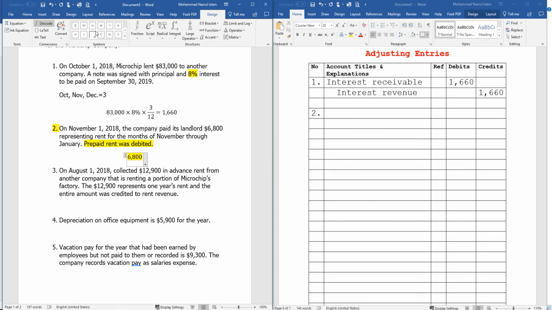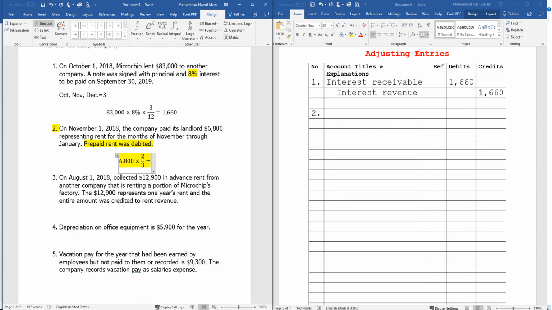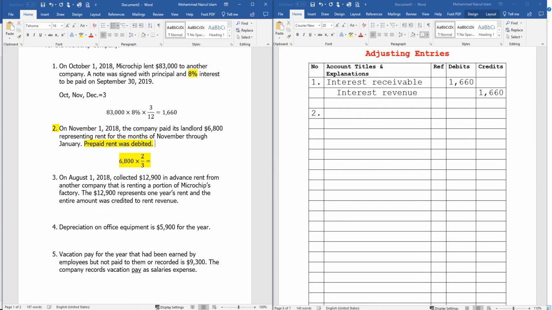Okay. So 6,800 multiplied by 2/3. 2/3 because it is from November to December, but the rent was paid for 3 months. So that is why 2 months of rent has been spent.